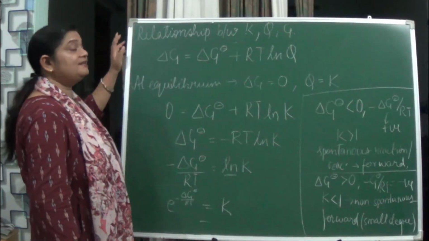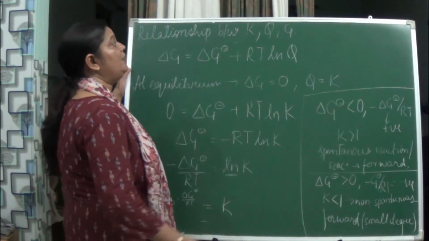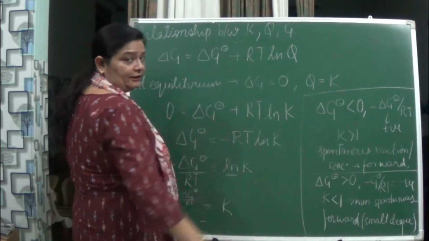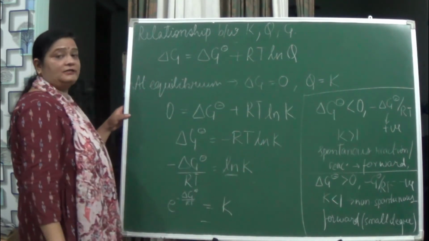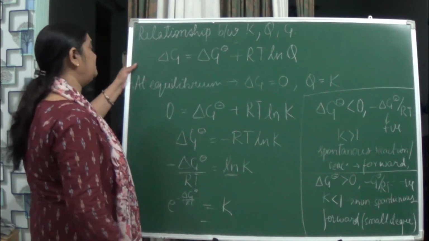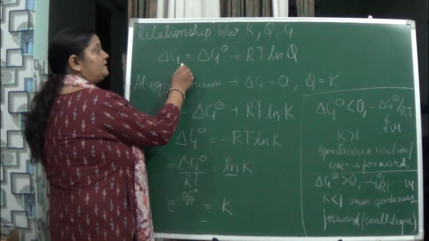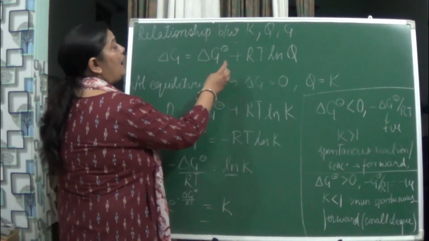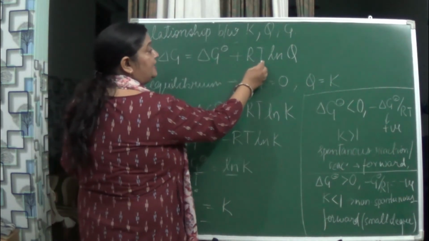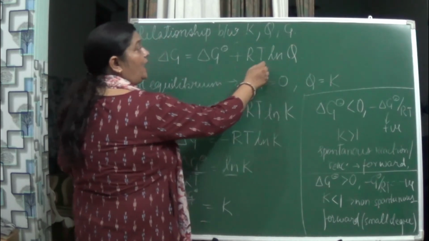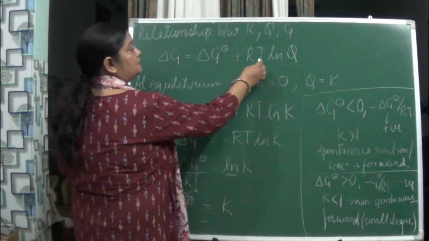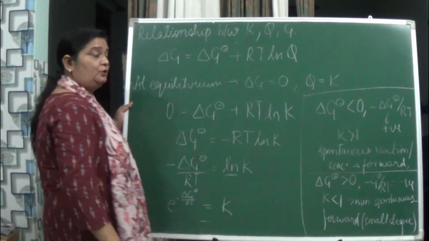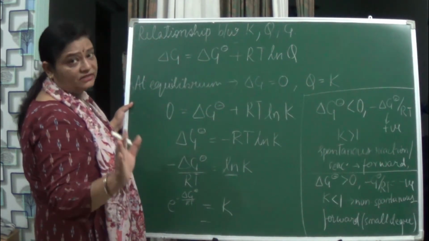Now let us study the relationship between equilibrium constant, reaction quotient and Gibbs free energy. Initially in the chapter of thermodynamics we have studied that change in Gibbs energy is equal to change in standard Gibbs energy plus RT ln Q. R represents the gas constant, temperature is T, and this is the natural log of Q. Q, now you know, is the reaction quotient.